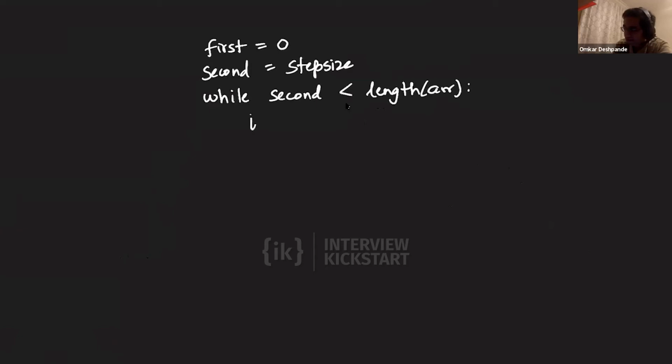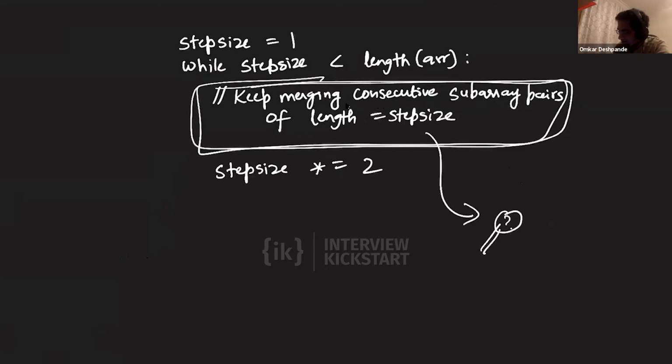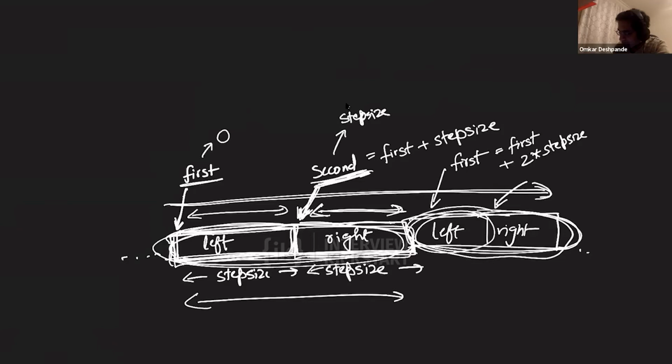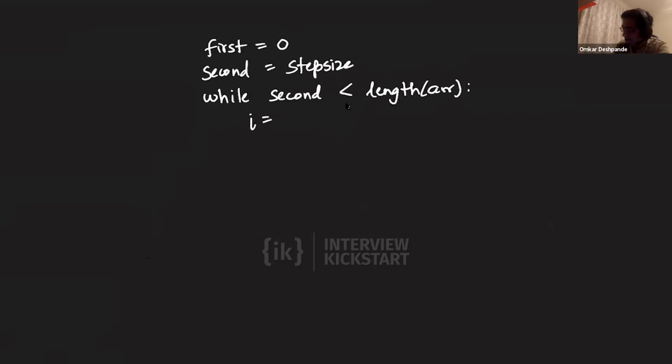The i pointer starts out at this first value, and the j pointer starts out at the second value, and they'll keep moving forward like that. i is first, j is equal to second.